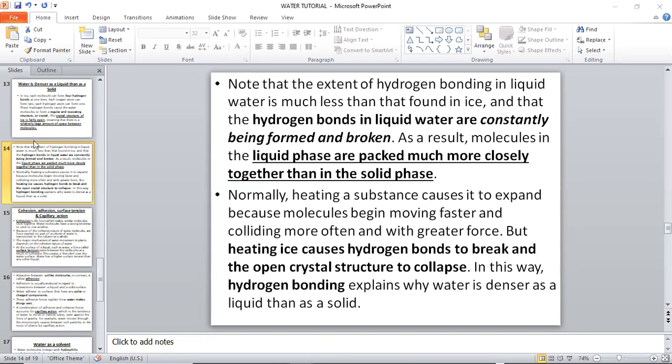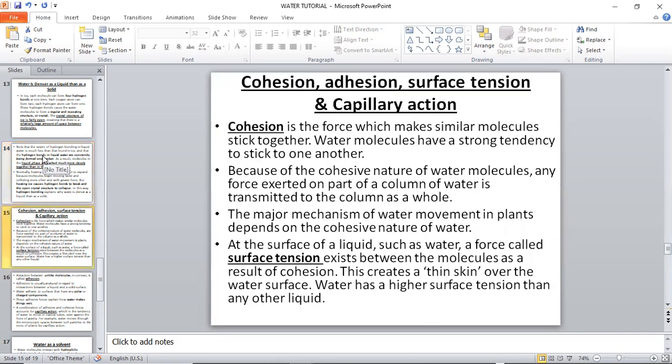are cohesion, adhesion, surface tension, and capillarity or capillary action. When we look at cohesion, it's simply attraction between similar molecules. Cohesion leads to the sticking together of the same or similar molecules.